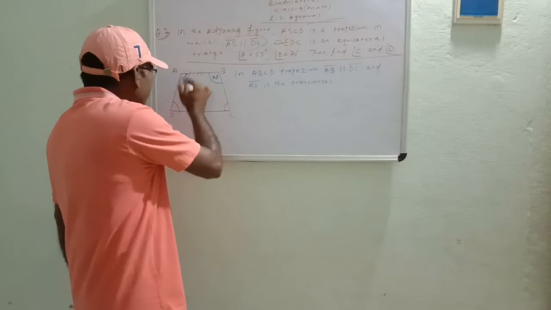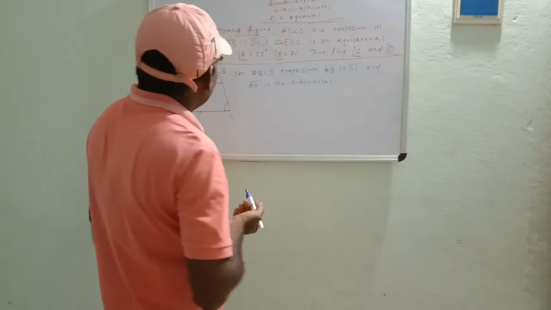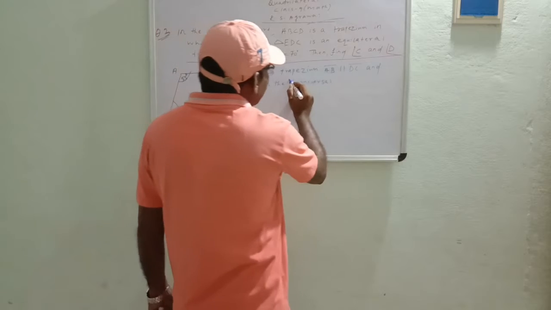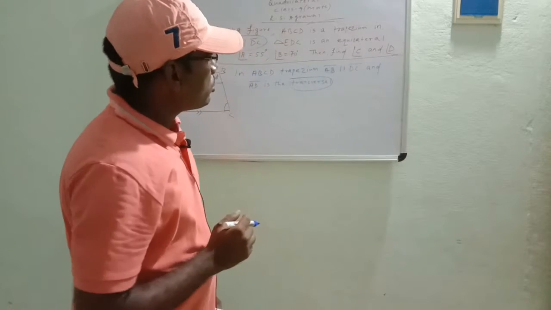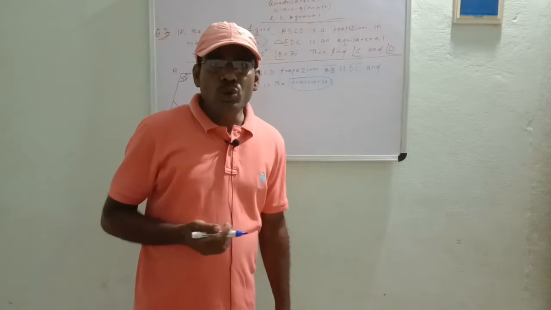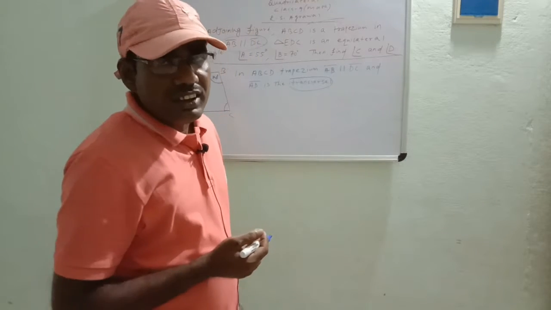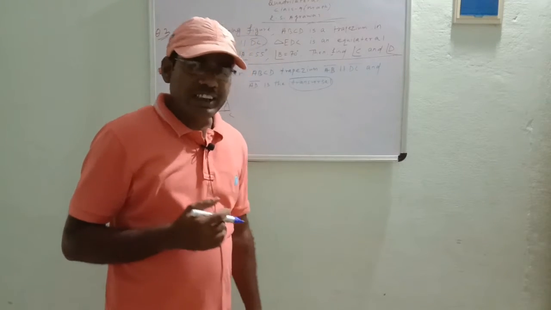What is a transversal? A transversal is a line that intersects two or more lines at distinct points, at different points.